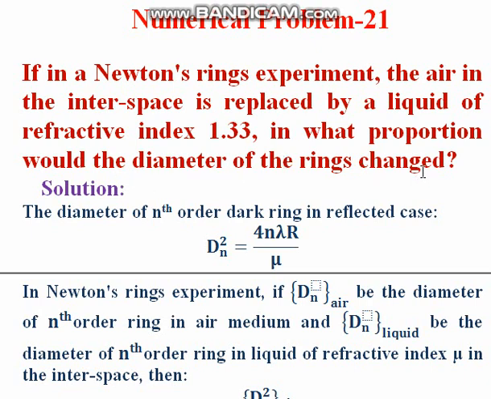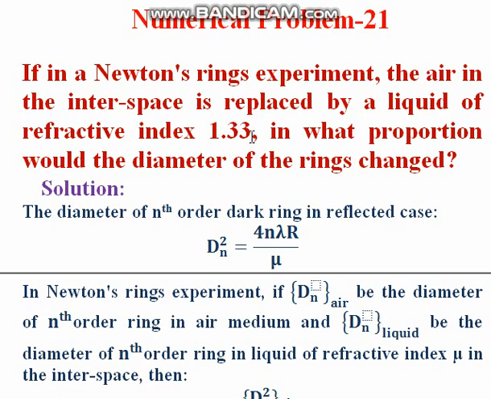You know this is a very important concept, that the diameters of rings, either bright or dark, reduce with the increase of refractive index of the inclined film. First there was air, so the refractive index is 1, then air is replaced by 1.33.